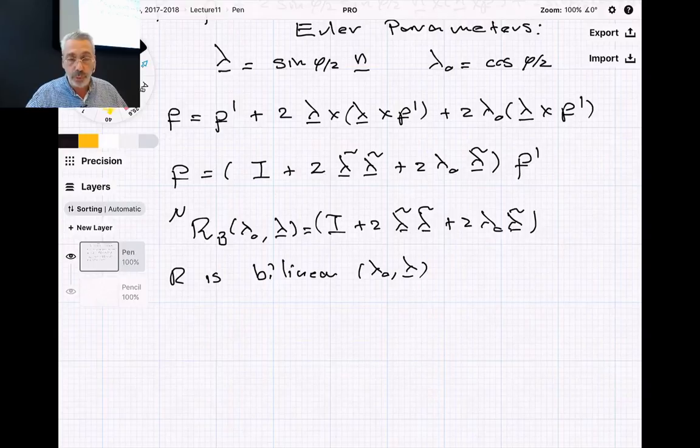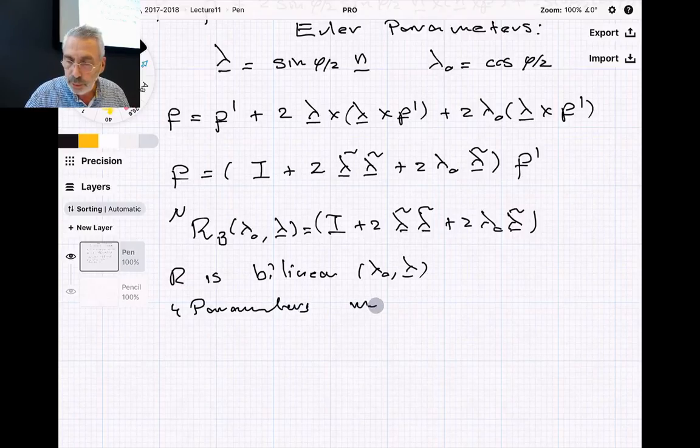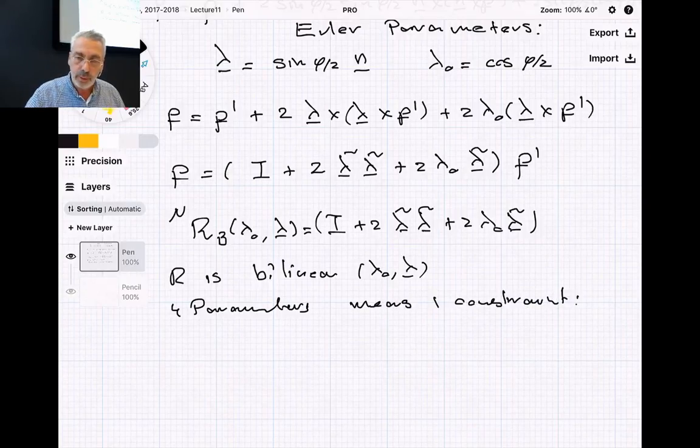That's super interesting. Before we do that, there is one constraint, of course. 4 parameters means one constraint. Does anybody know what the constraint is? Looking at these parameters. Yeah, exactly.